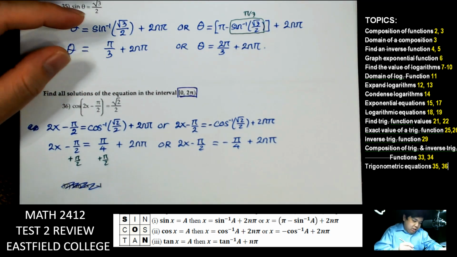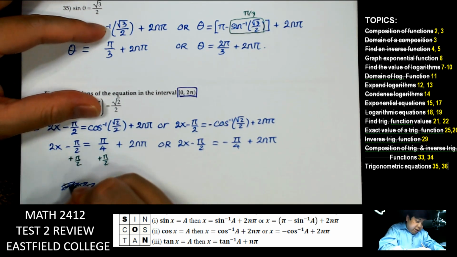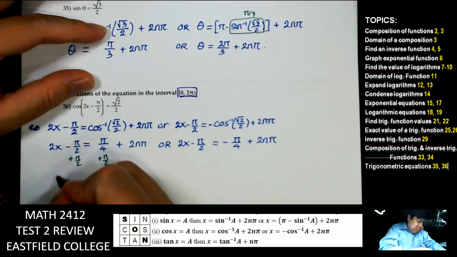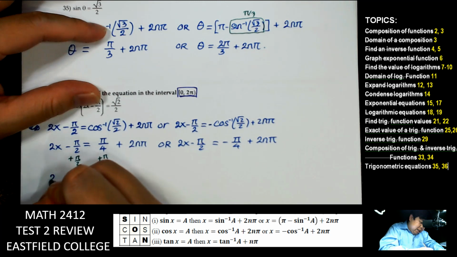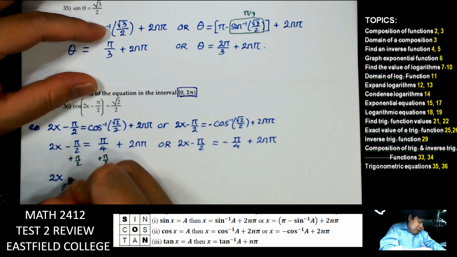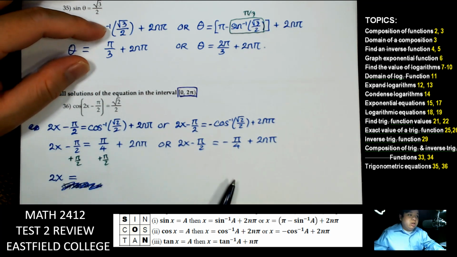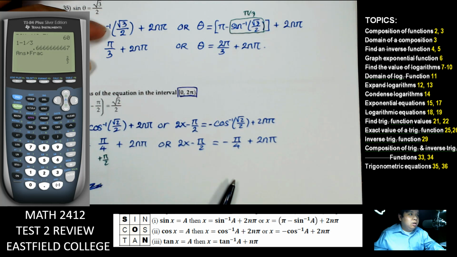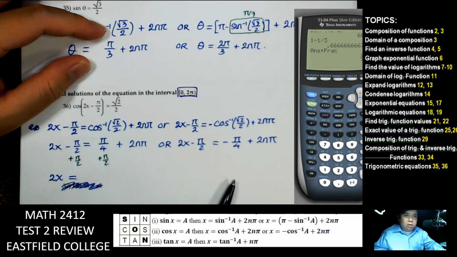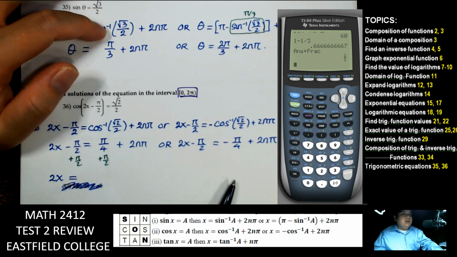By the way, I have to erase this to get more space. Right. 2x equals pi over 4 plus pi over 2.